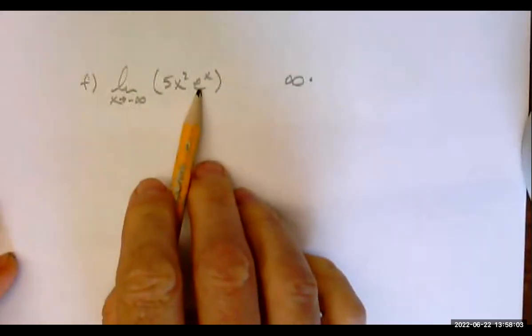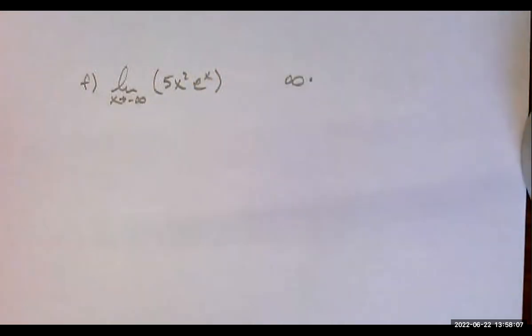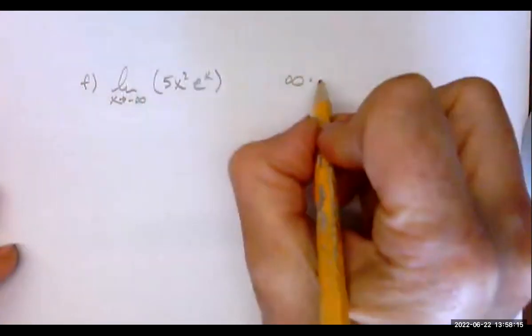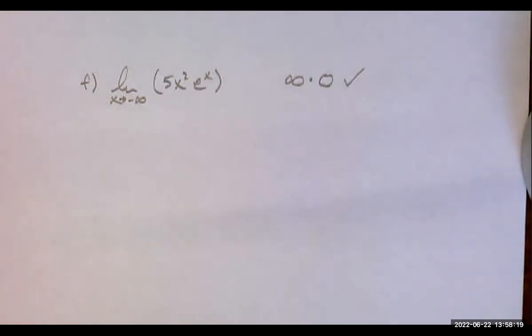Times e to the x, e to the negative infinity. E to the negative infinity, if you think way back, where is that headed? Well, the negative infinity means you're dividing. That's going to 0. So kind of a similar case as our last one with the multiplication. One is going to infinity, one is going to 0. Who wins?